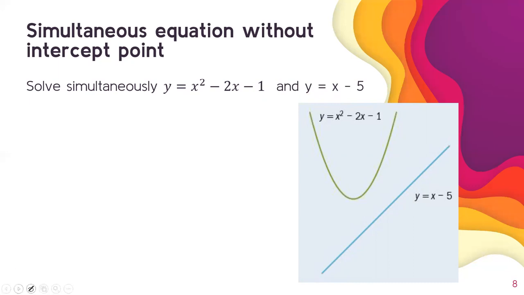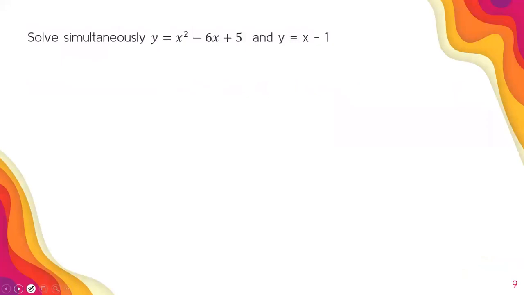All right. Now I'm going to discuss how to draw and how to find intercept points of simultaneous equations. For example, y equals x squared minus 6x plus 5 and y equals x minus 1.